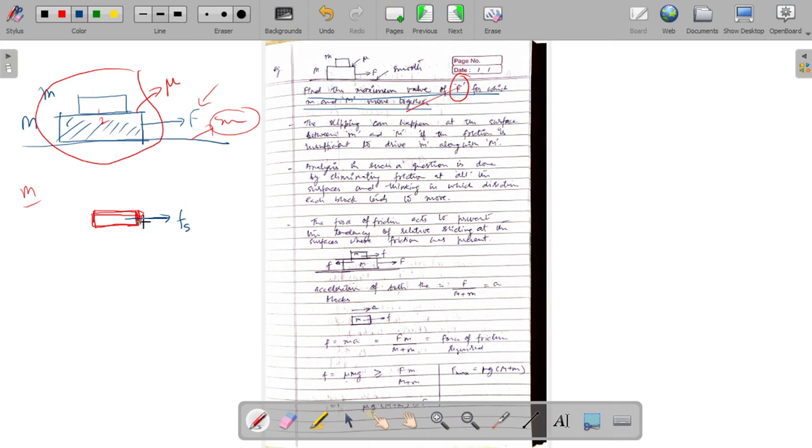It is because capital M is going to slide beneath the block small m, and it wants to prevent relative motion between small m and capital M. So it would prevent small m from falling behind the capital M mass, and in turn it would apply a force of friction on the small m mass in forward direction, so as to ensure that there is no relative motion between small m and capital M mass.